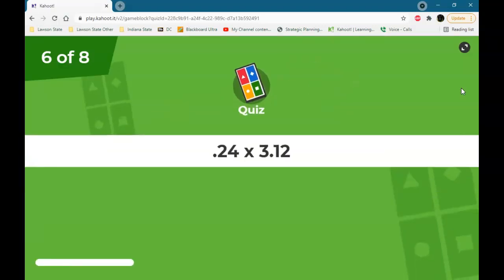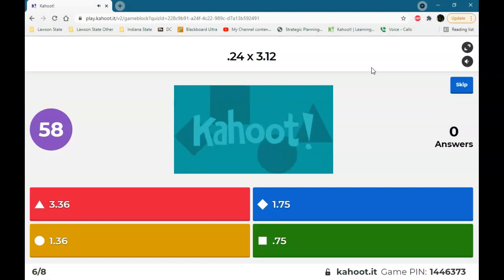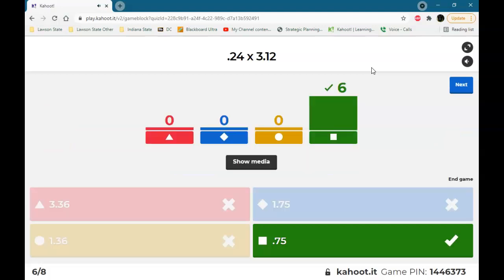Okay. 0.24 times 3.12. All right, and everybody got it overwhelmingly correct at 0.75.